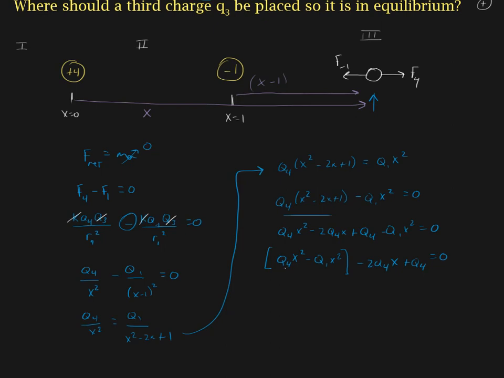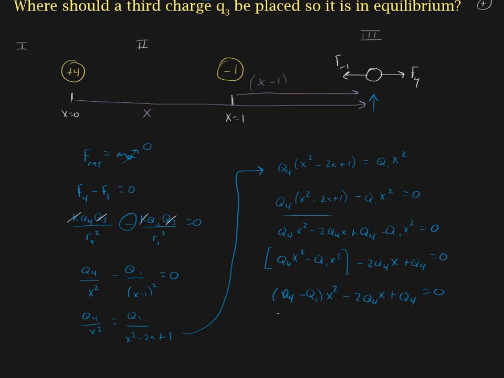All right, and now we can simplify this, and we get Q4 minus Q1 times x squared minus 2Q4x plus Q4.